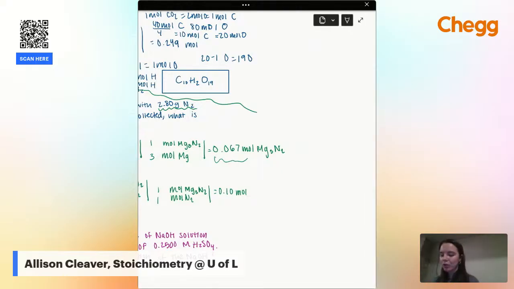You're going to have 45 seconds. Find that molar mass of Mg3N2. Your time starts now. So find that molar mass of this compound.